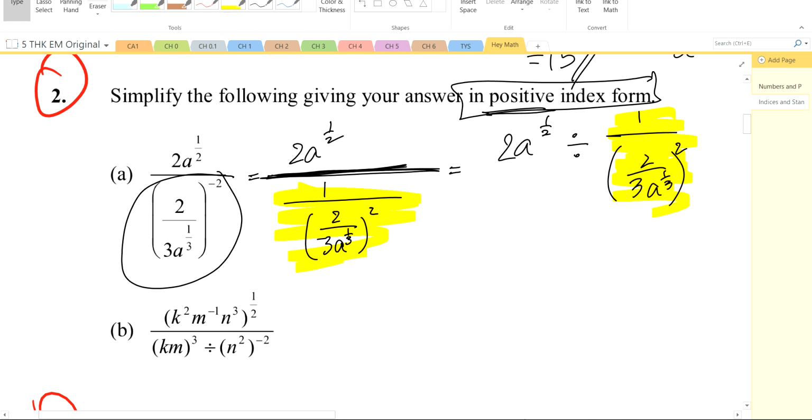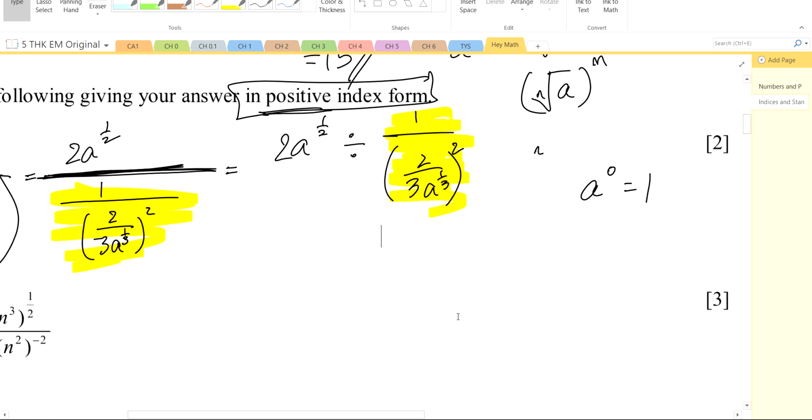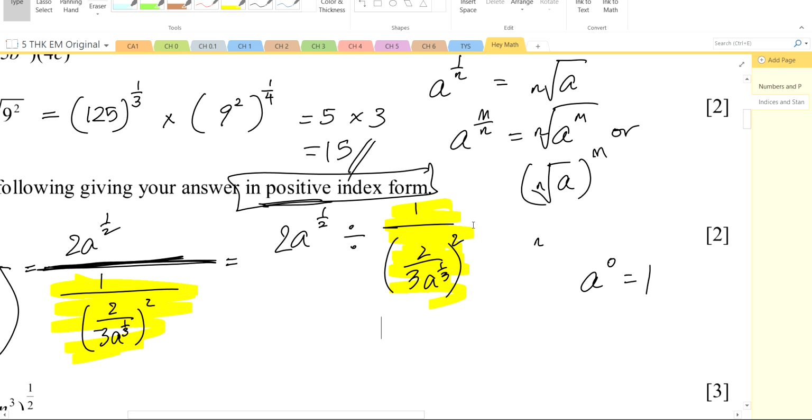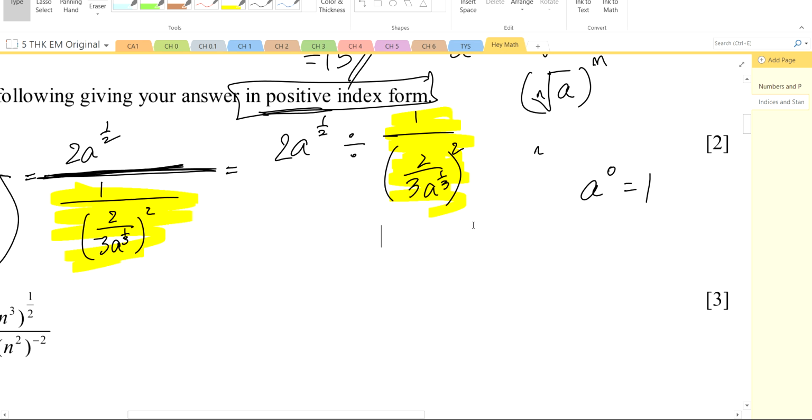We learn how to change negative power. Where is it? Oh, I erased it. 1 over a to the power n equals to a power negative n.